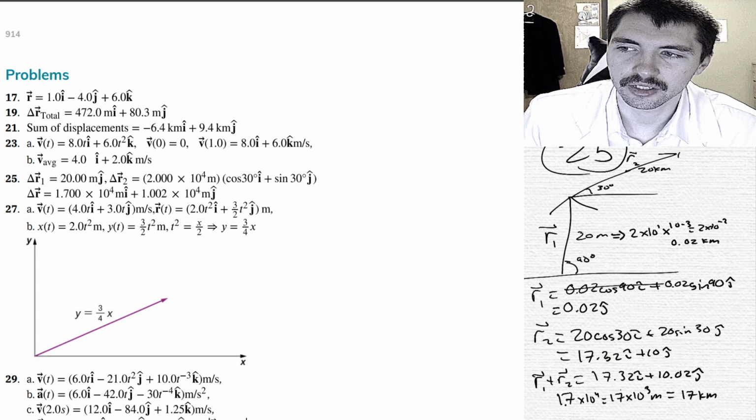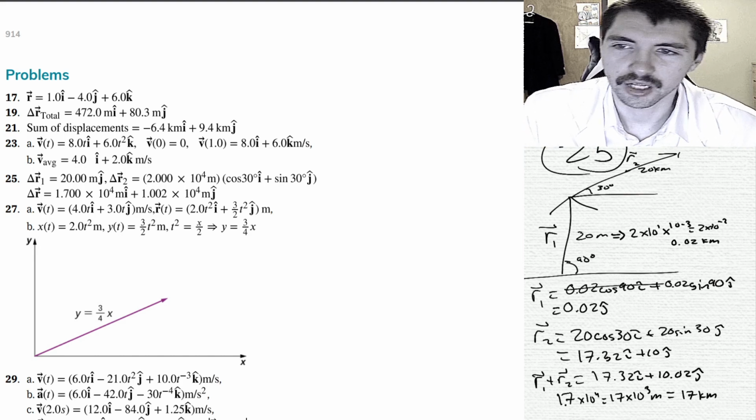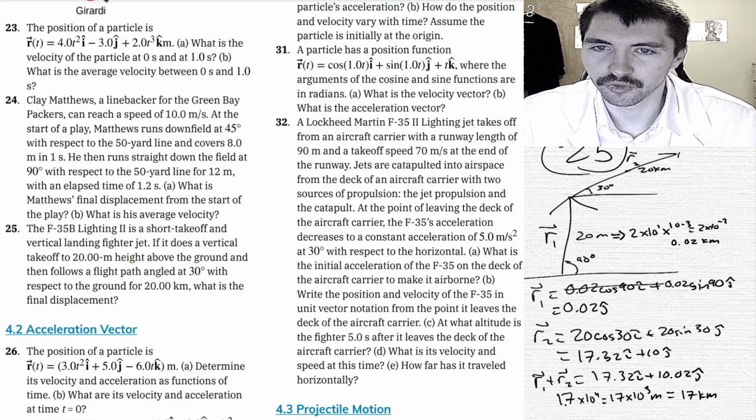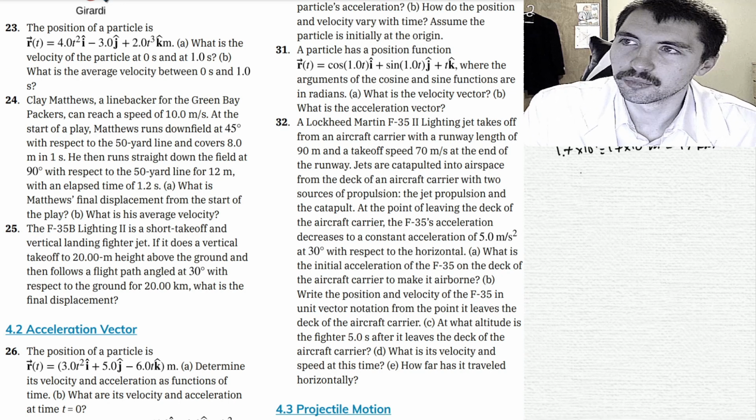So yeah, our answer is a little bit more exact, I would say. Anyway, we got it right, so let's move on. Good start. Pretty cool, F-35s. Pretty sick plane.